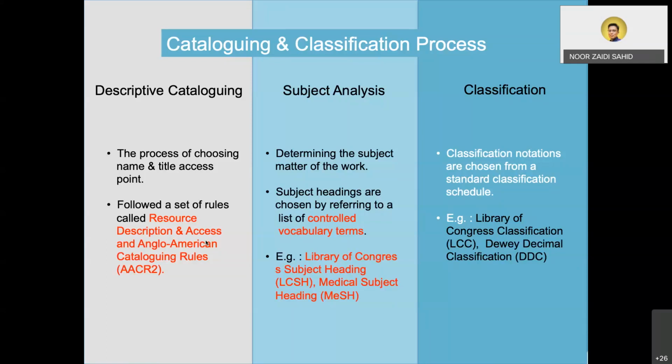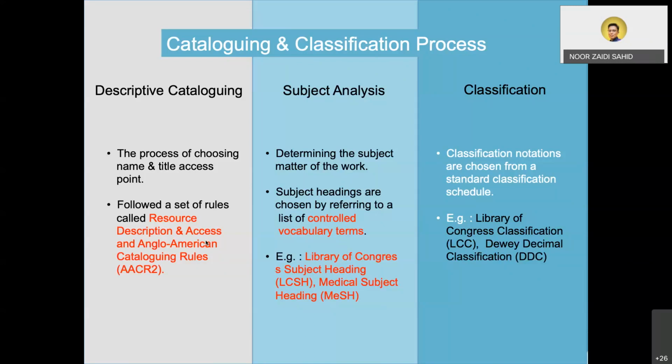Okay, for subject analysis, you need to determine or identify the subject matter of the works. Subject headings are chosen by referring to a list of control vocabulary terms. Control vocabulary or control vocabs is a manual yang kita boleh juga rujuk sebagai rules for subject analysis.